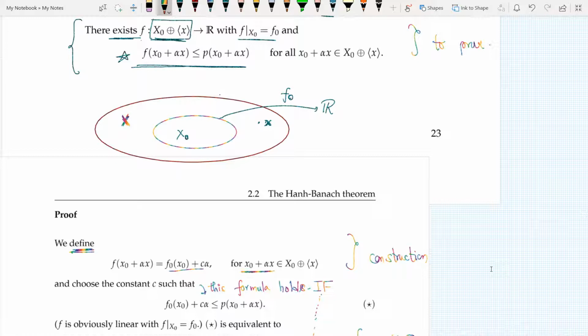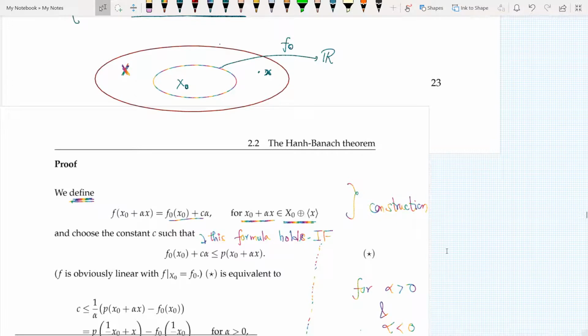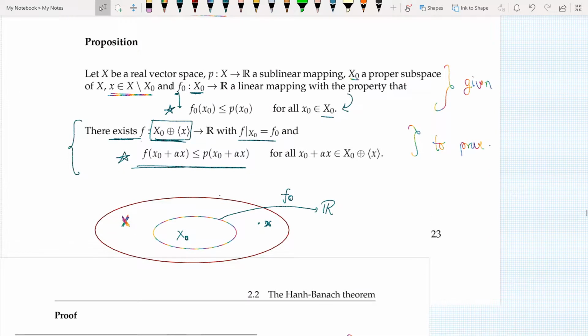So my element small x naught plus alpha x is an element of this space. Now we have to choose the constant c such that this property holds, because what were we trying to do? We were trying to extend this functional from my space X naught to my space X naught direct sum span of x.